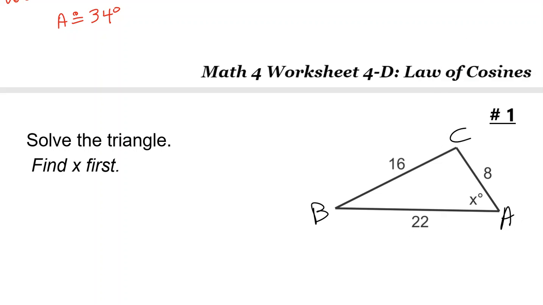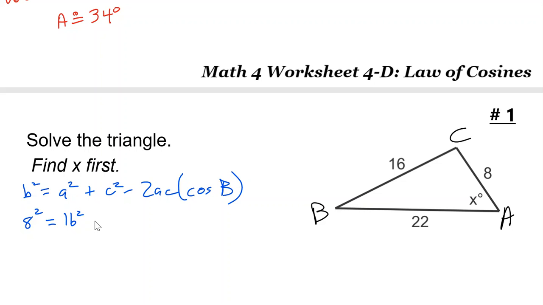So if we're going after angle B, we're going to say b squared equals a squared plus c squared minus 2ac times cosine of big B. And so little b is 8, and little a is 16, and little c is 22. Then 2 times 16 times 22 times cosine of b.